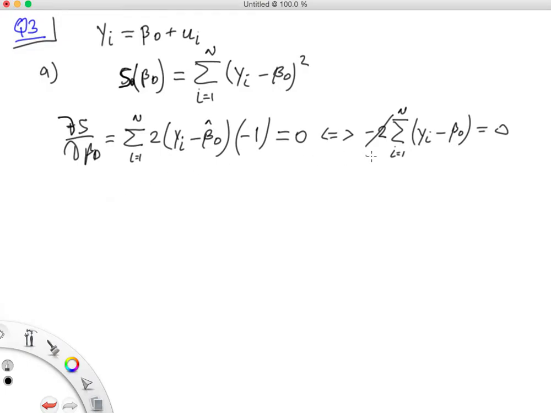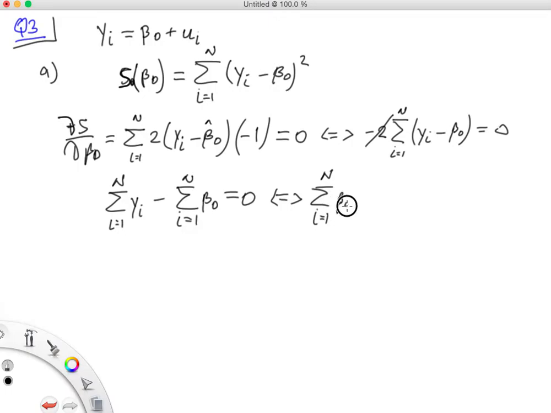If you use the distributive rule of summation, then you will have the sum of yi minus n beta 0 hat equals 0. Now let's bring this to this side and divide both sides by minus 1. This is hat here again. I keep forgetting these things, I should be careful here. If I took an exam myself, I would probably fail if I didn't realize this.